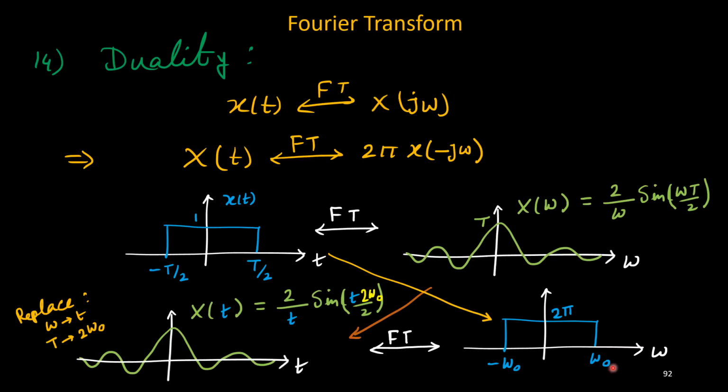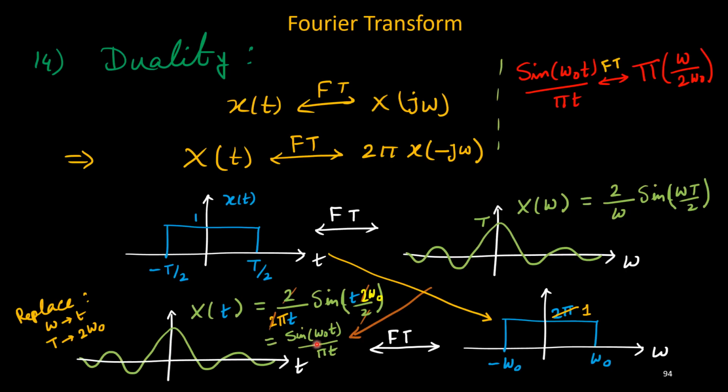So it becomes omega naught, and this becomes minus omega naught. Now, with this 2 pi times, its amplitude will become 2 pi. Right? Now if I divide both sides by 2 pi, then this amplitude will become 1. I divide by 2 pi here, the 2 cancels out, and here the 2 cancels out. So this one I can simplify as sine omega naught t upon pi t.